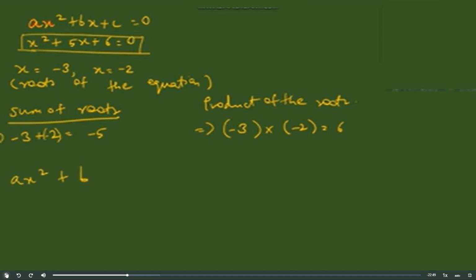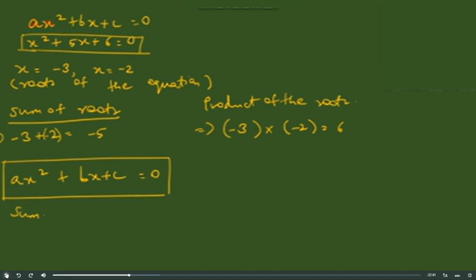Ax square plus bx plus c is equal to 0 is the equation. Here sum of the roots is equal to minus b by a. Product of the roots is equal to c by a. This is the formula for sum and product. Now let us find out the sum of the roots.